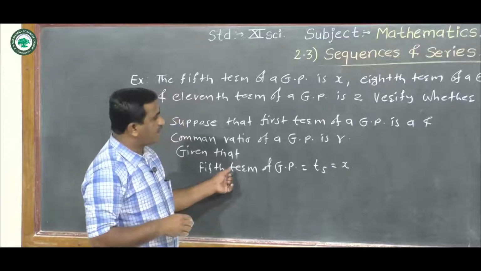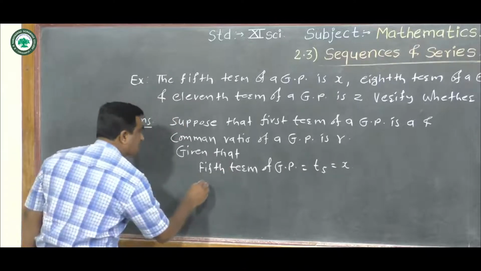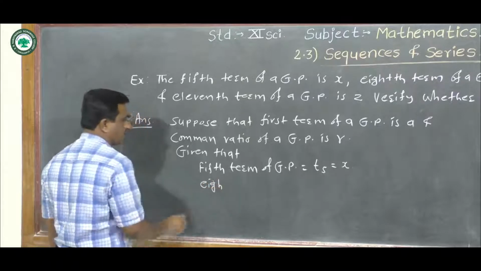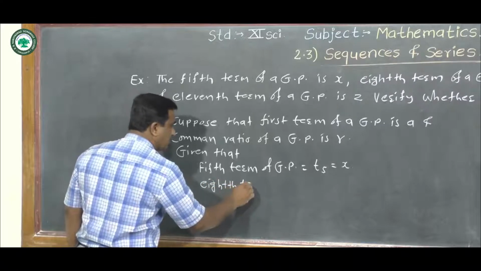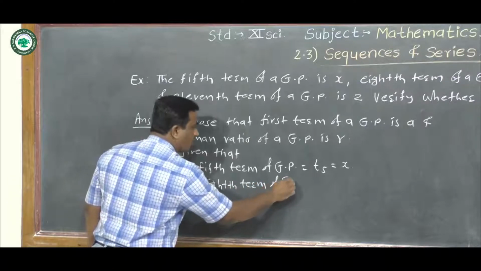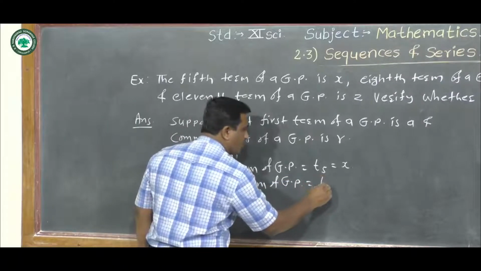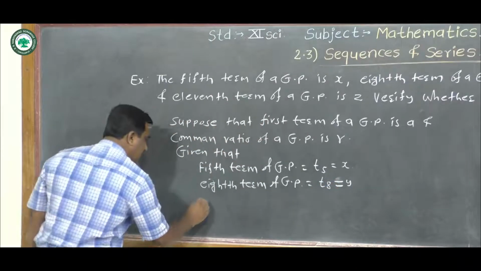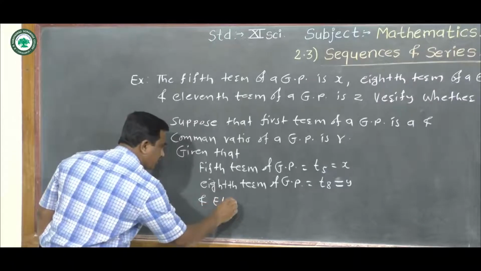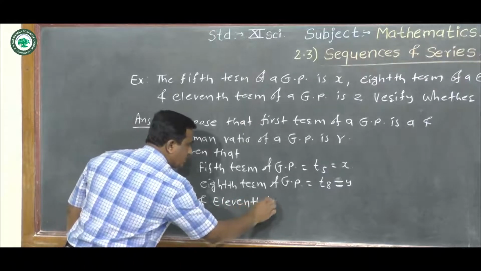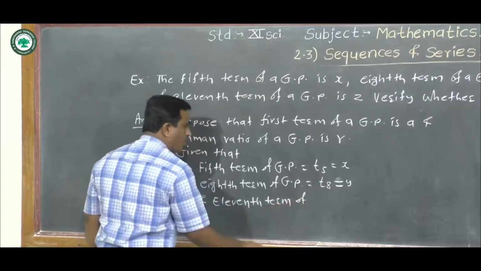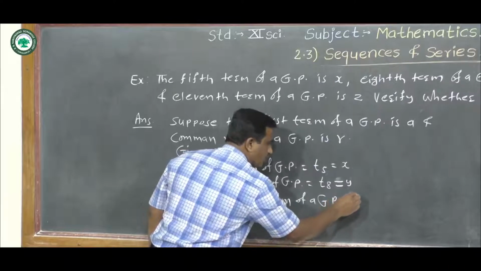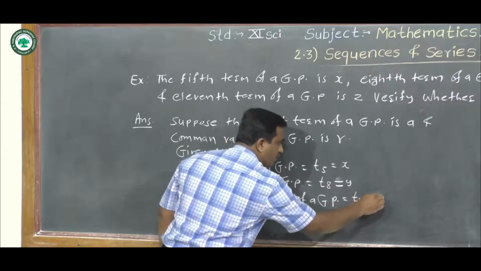Also given the eighth term of the GP is T8 equal to y, and the 11th term of the GP is T11 equal to Z.